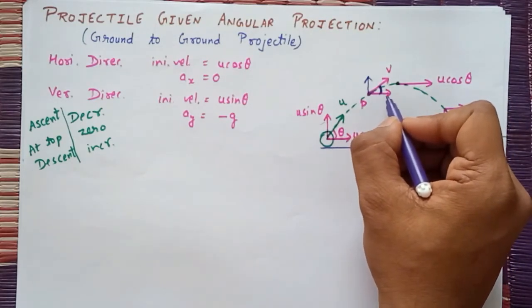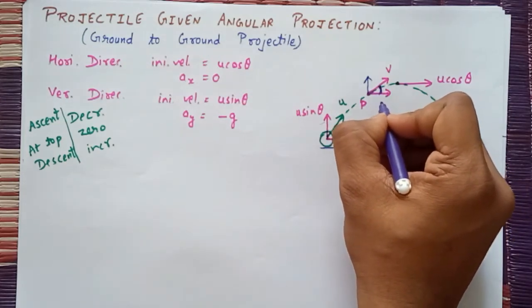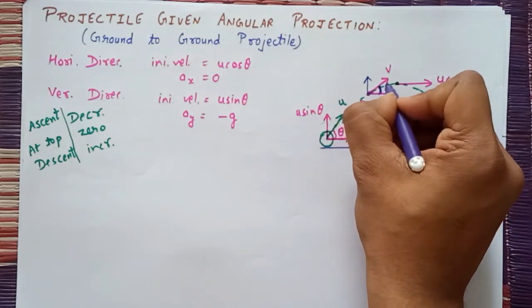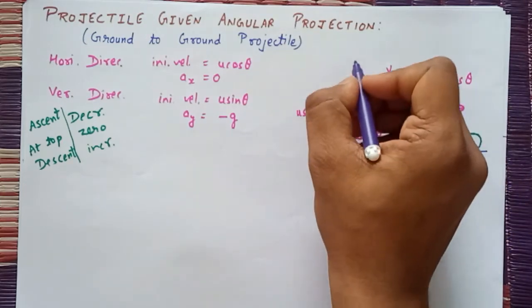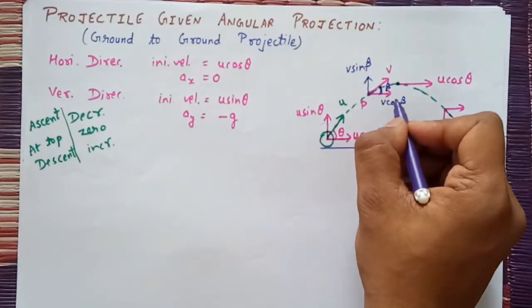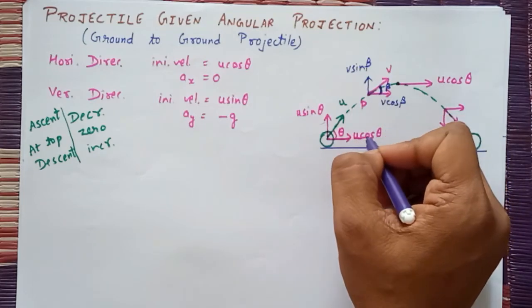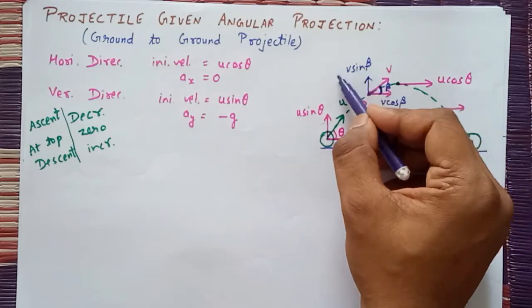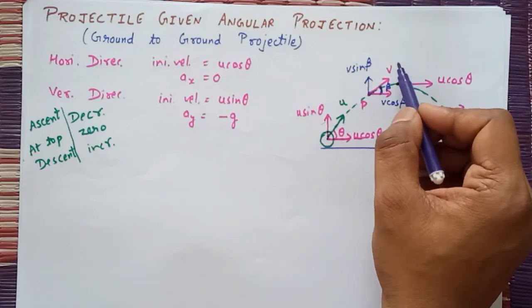This will be u cos theta only, or I can say this will be v. If this angle I am taking as beta, then this will be v cos beta, and this will be v sin beta. But u cos theta and v cos beta will be equal, because the horizontal component will not change. Here it is v sin beta. At the topmost point the vertical velocity will be 0.